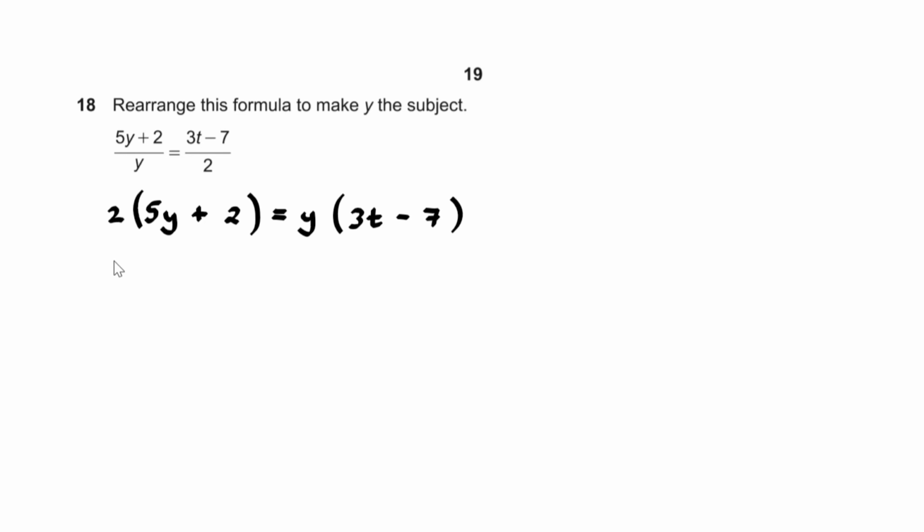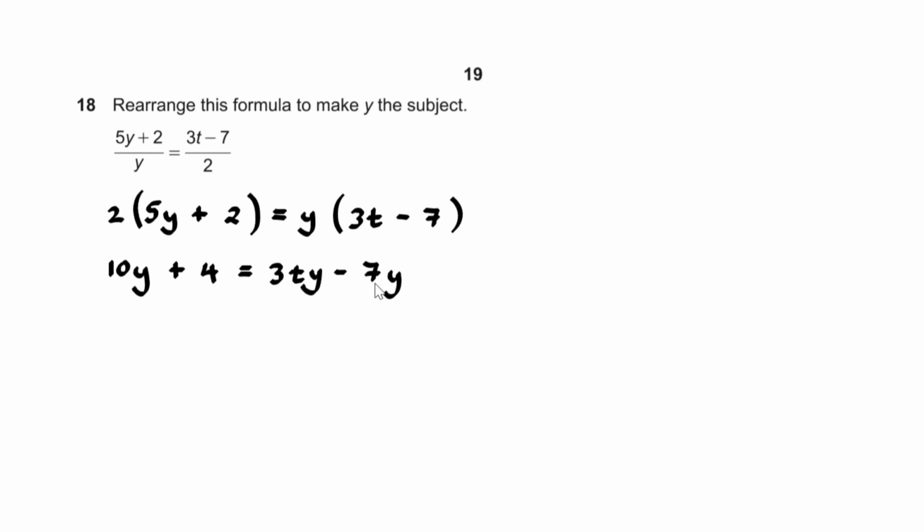Now if I expand the brackets, I would have 10y plus 4 equaling 3ty minus 7y.